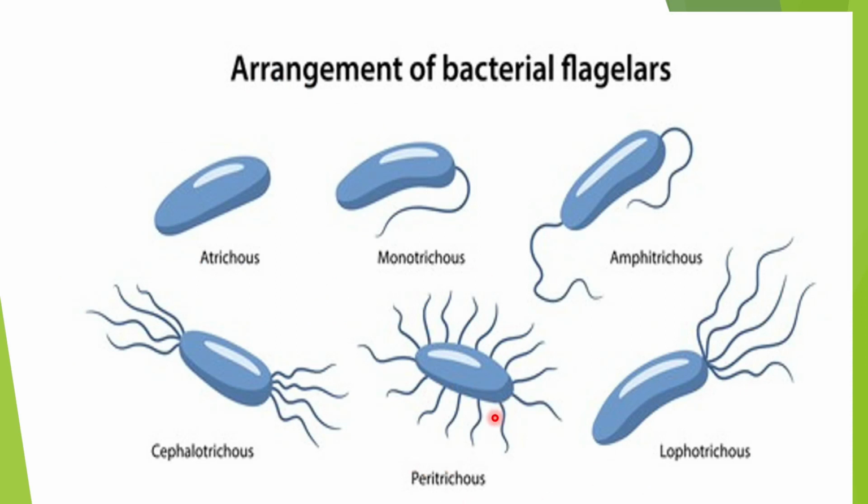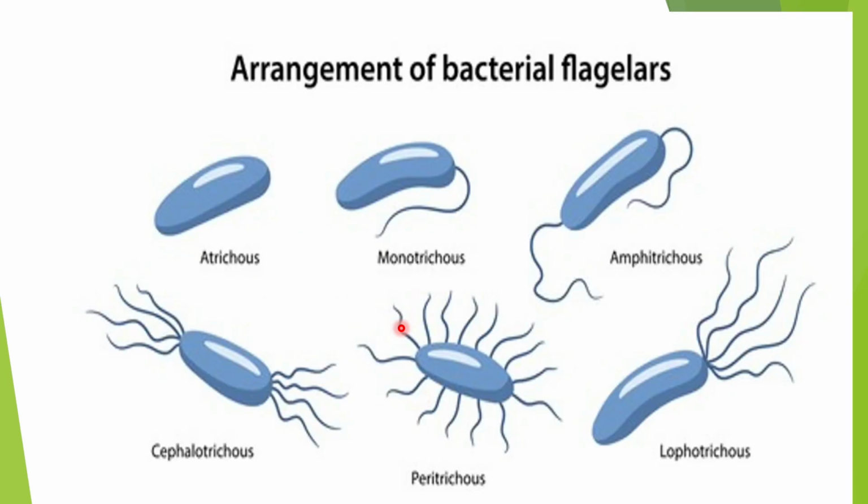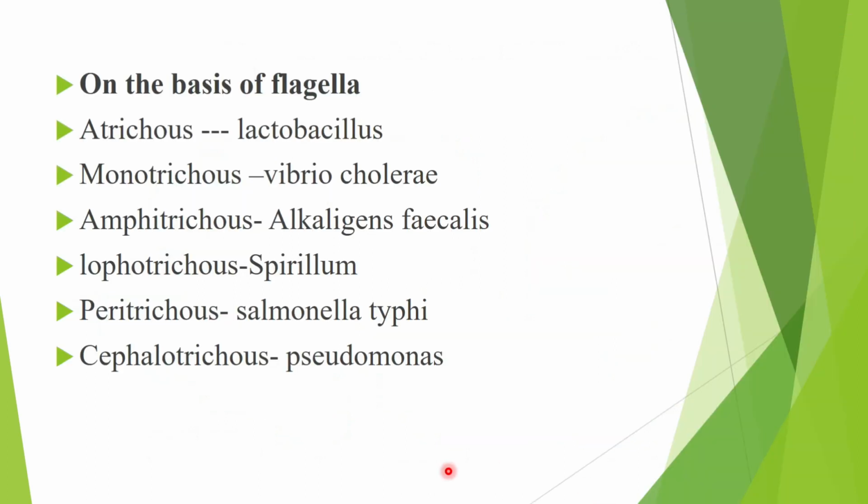In peritrichous, we can see flagella all around the bacteria. An example is Salmonella typhi. In cephalotrichous, we can see several flagella on both ends of the bacteria. An example is Pseudomonas.